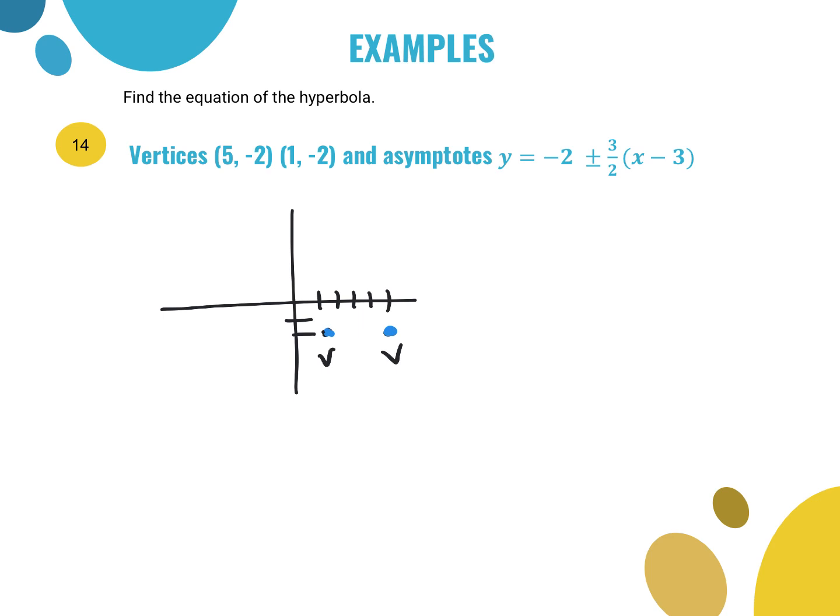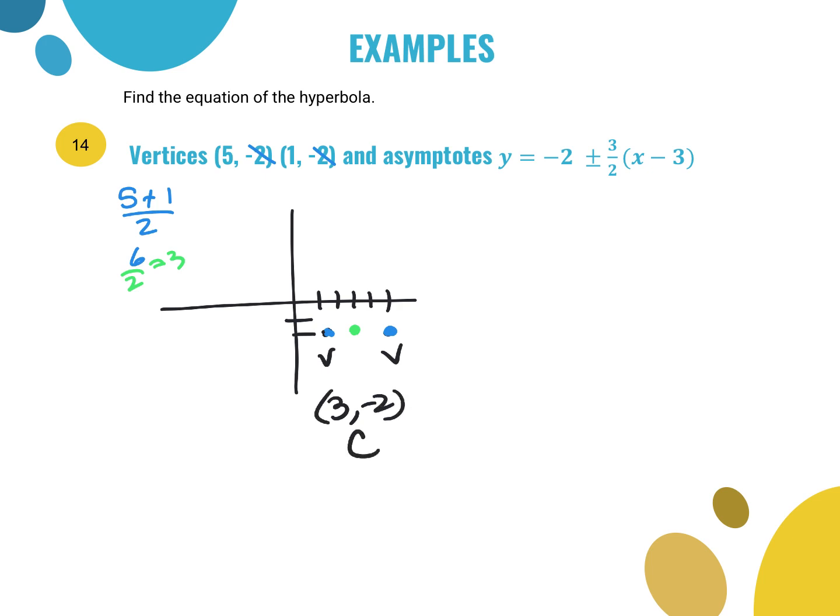You can do the midpoint formula, 5 plus 1 divided by 2. So then here it's going to be right here, the midpoint or your center point. 6 divided by 2 is 3. So your center is going to be the ordered pair 3, -2. That's going to be your center point.